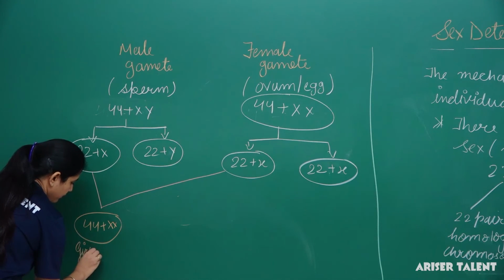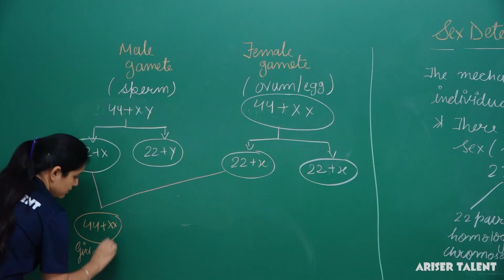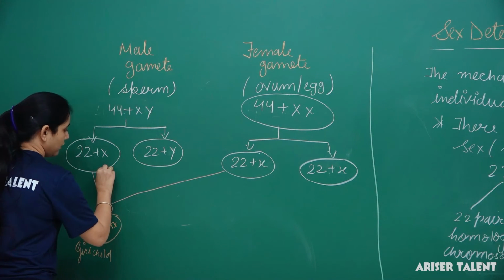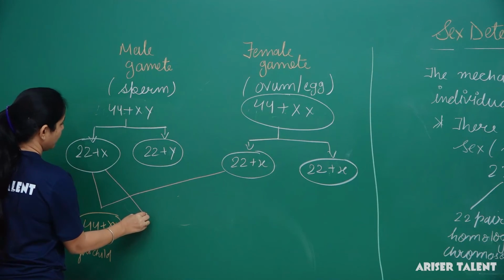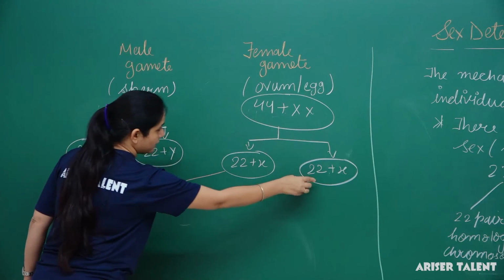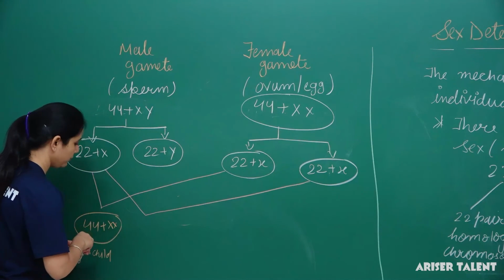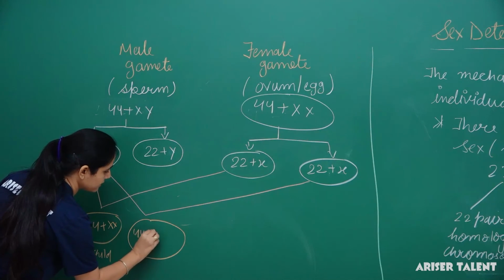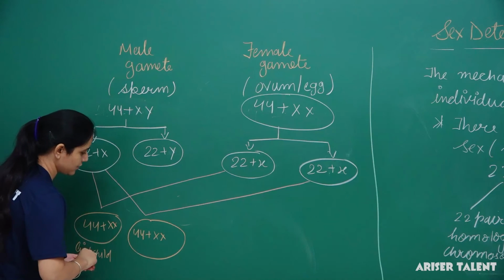Again, when this sperm gets fused with this ova, it will form 44 plus XX, meaning girl child.